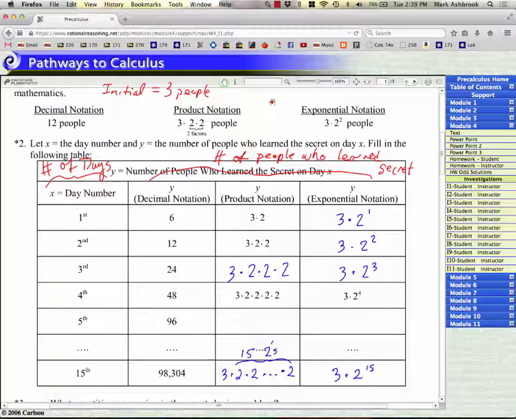So how can you summarize what's happening every day? The number of new people that learn the secret is, what is it? Cameron, what is it? Double, right? So it's a doubling idea. It's doubling, or multiplying by 2.